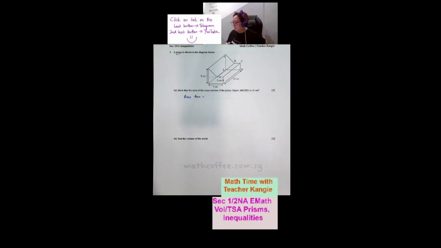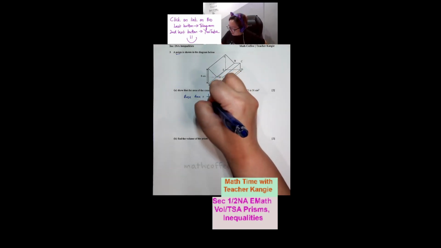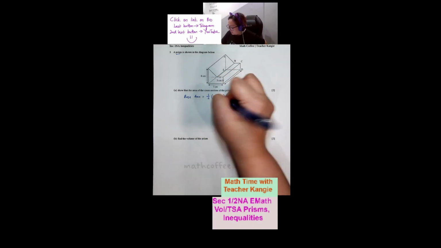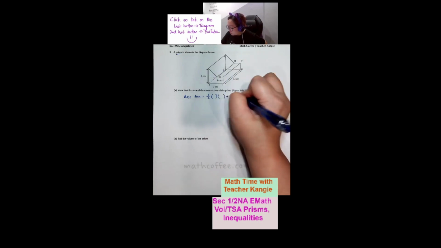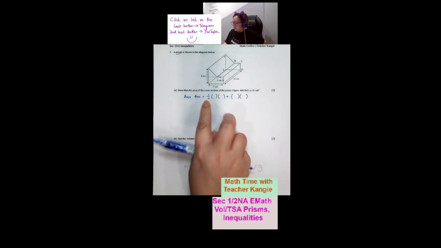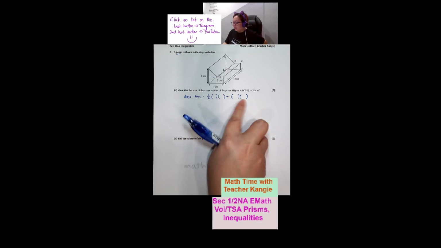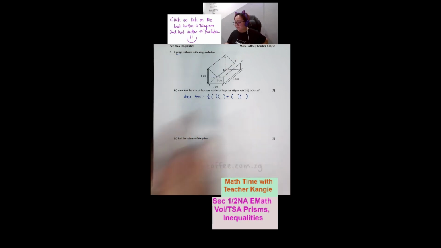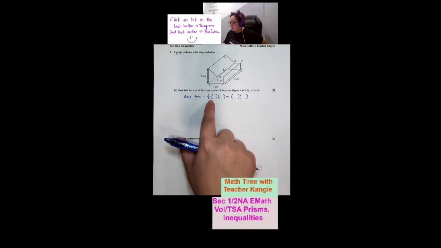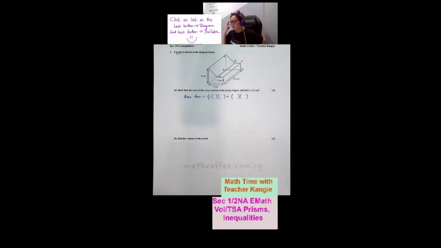So can you tell me the triangle, half multiplied by what, multiplied by what, plus what, multiplied by what? This part is the triangle, this part is the rectangle. So for the triangle, what is the base of the triangle and what is the height of the triangle?